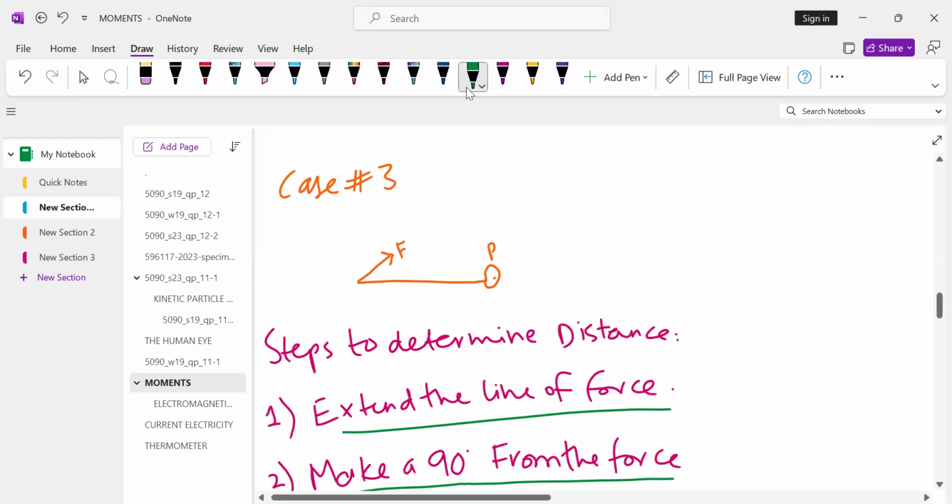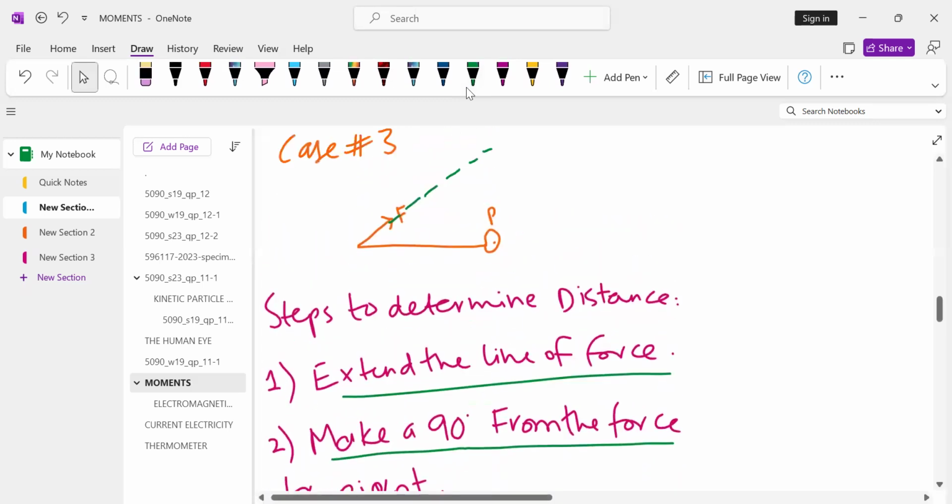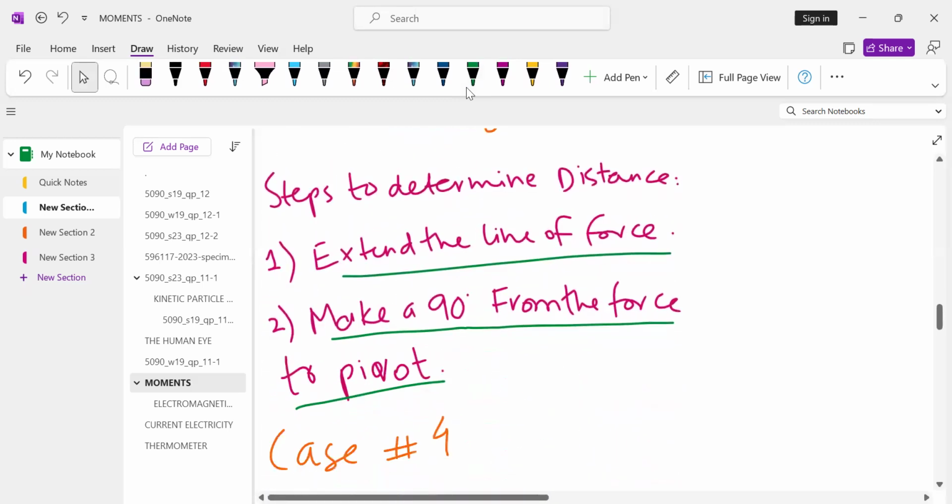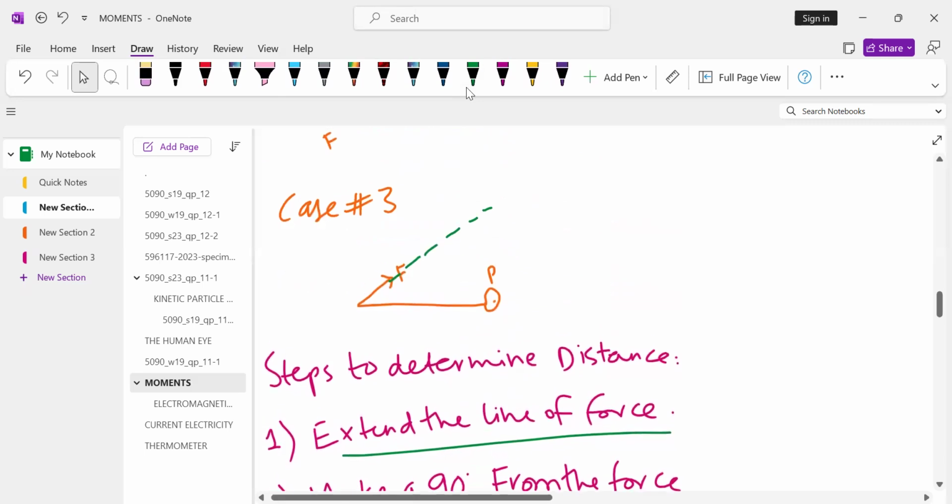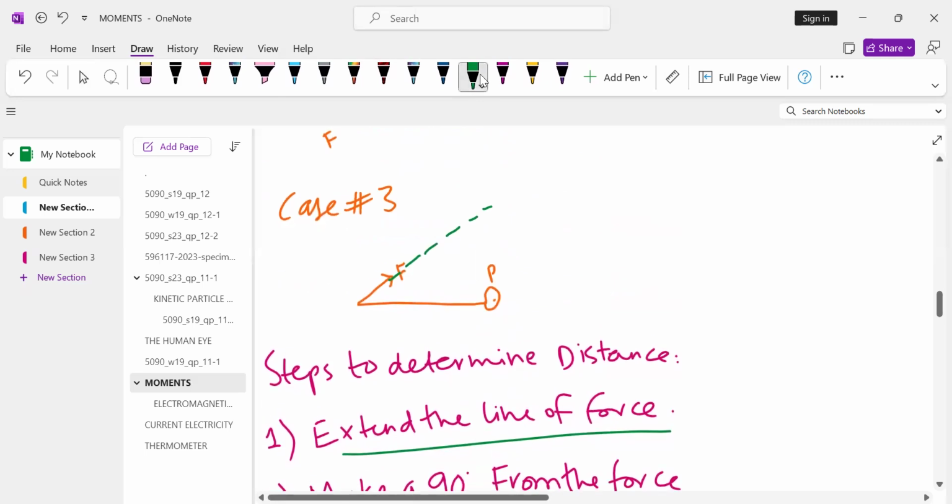Let's extend the line of the force. So this is the force line, and I will be extending this line. Now the second step is to make a 90-degree angle from the force to the pivot.